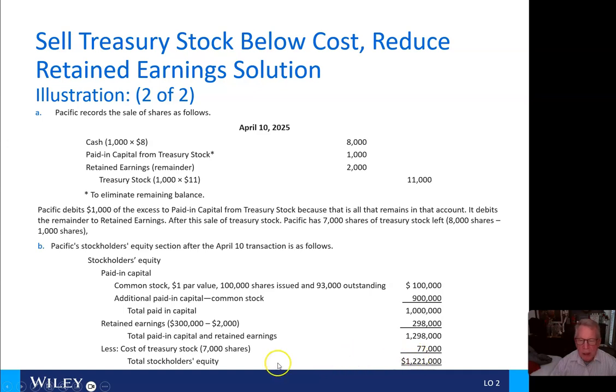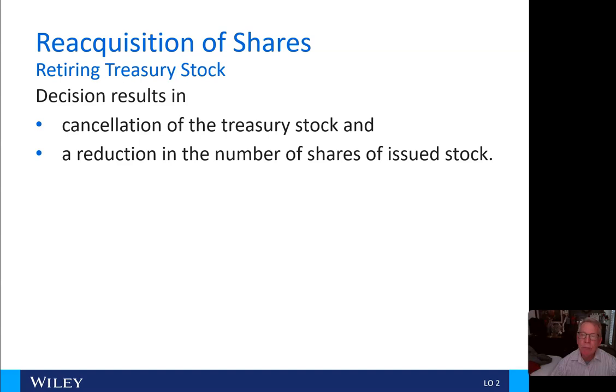And then finally, we have 77,000 left in the cost of our treasury, 7,000 shares times $11. And that leaves us with our total stockholders' equity of $1,221,000.